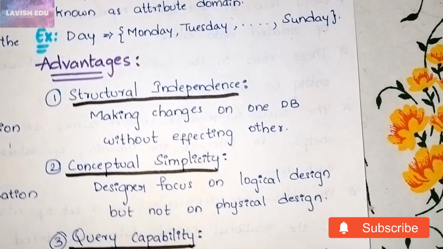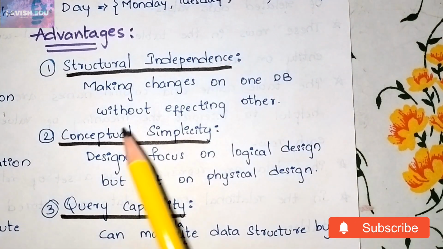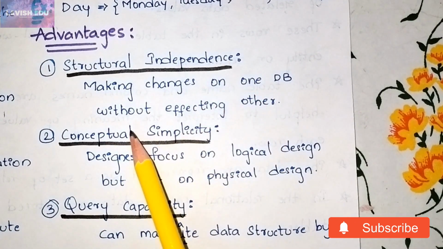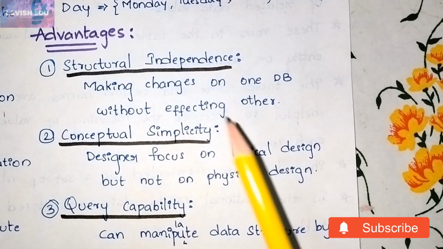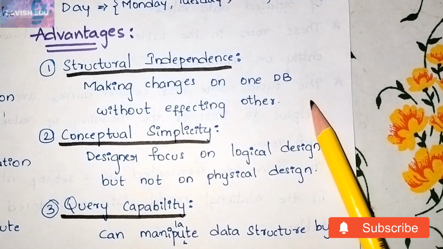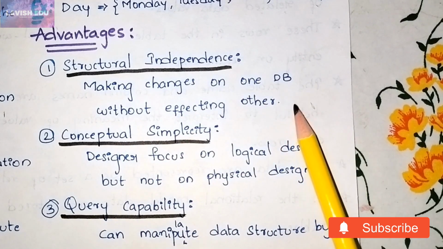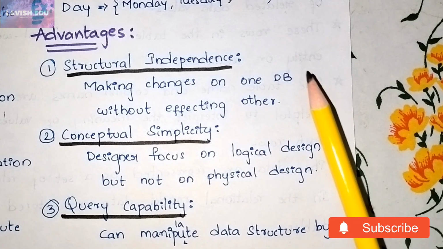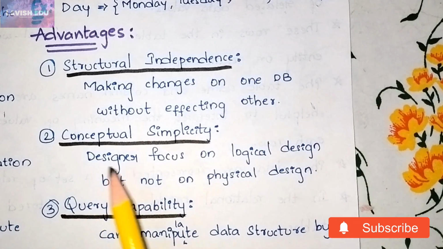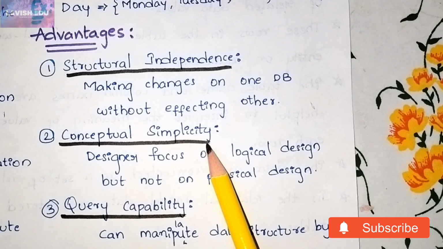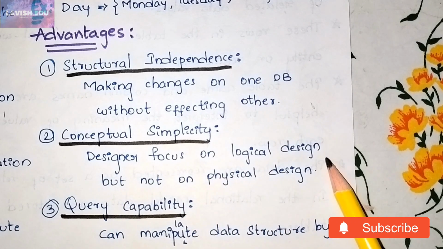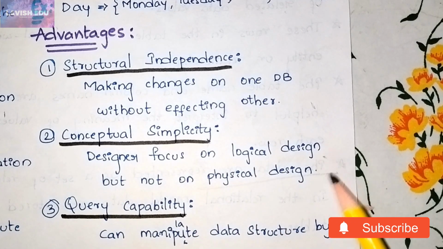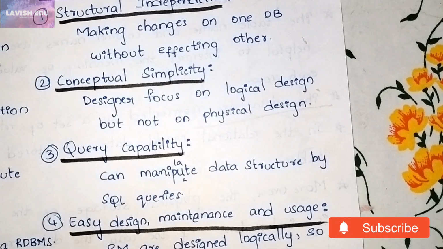Some of the advantages of this relational model are, first, structural independence. What is structural independence? If we make changes in one DBMS, there will be no effect on the other DBMS. Next, conceptual simplicity. That is, the designer focuses on the logical design but not on the physical design. Next, query capability.